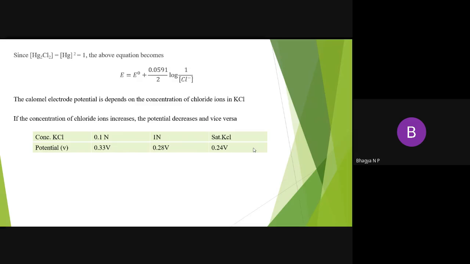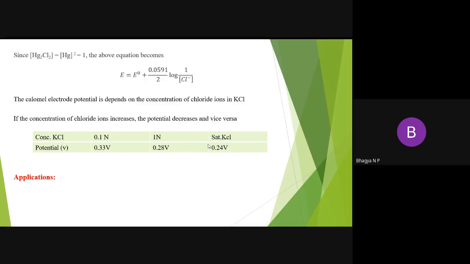After that, we apply the Nernst equation for the reduction reaction and derive it till we get this last step. Finally we give the conclusion: if the concentration of chloride ions increases in the calomel electrode, automatically the potential decreases and vice versa. So this is about the working of the calomel electrode.